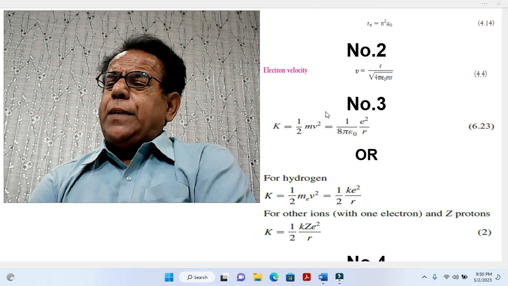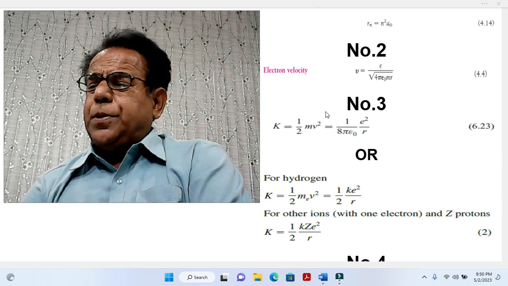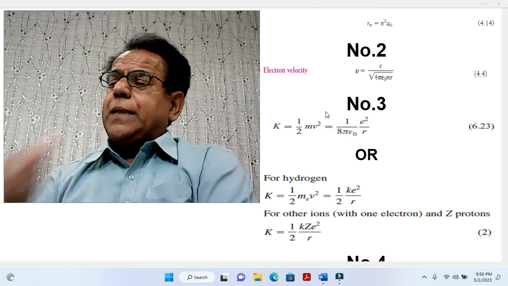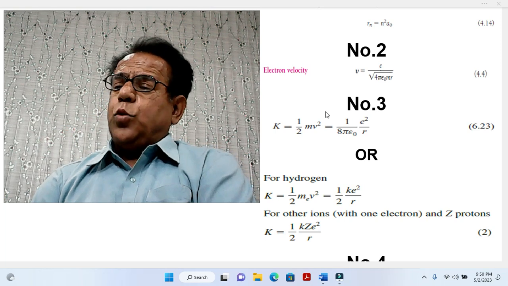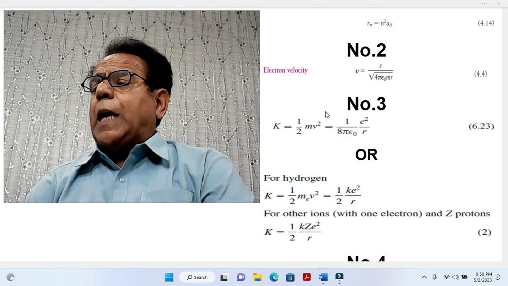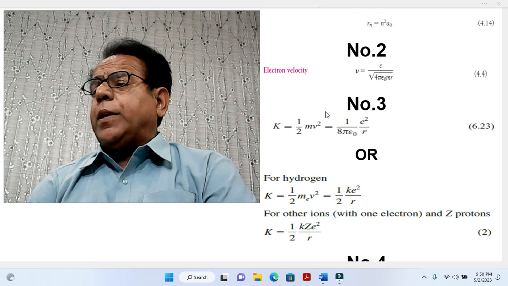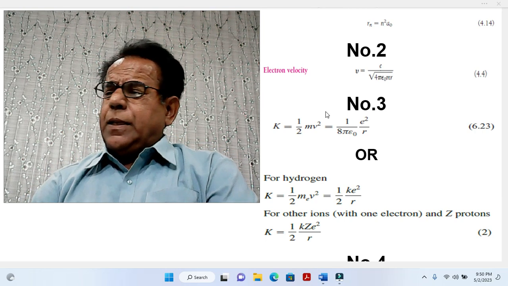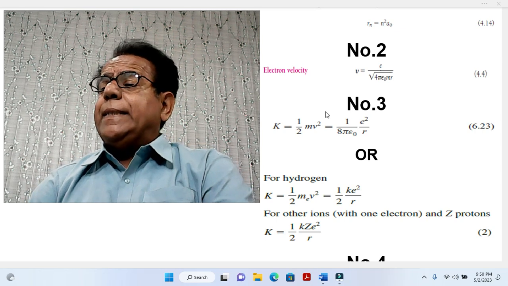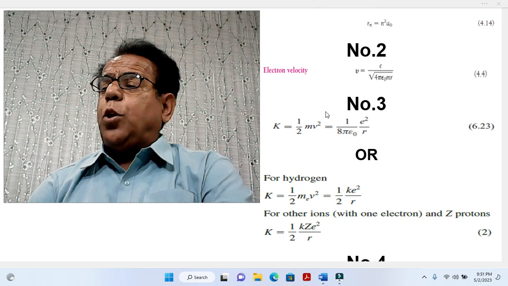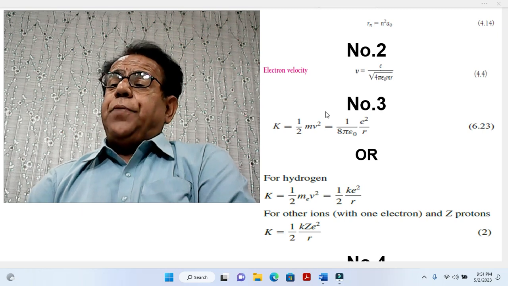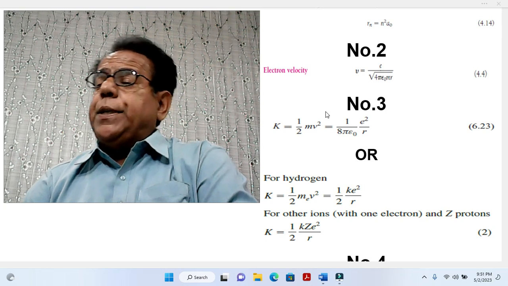But actually, while solving this problem's solution, we will take V square. V square will become equal to E square over 4 pi epsilon naught mr. Under root will be eliminated, and we know that E square over 4 pi epsilon naught has a specific value from a table which will be included in our toolkit.